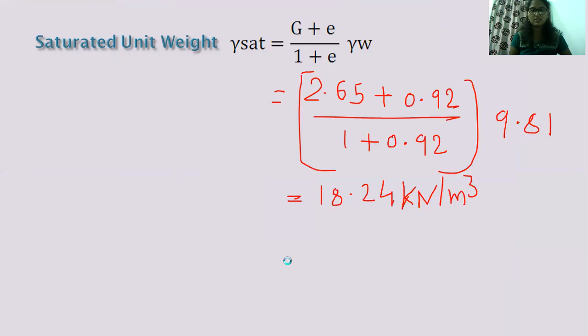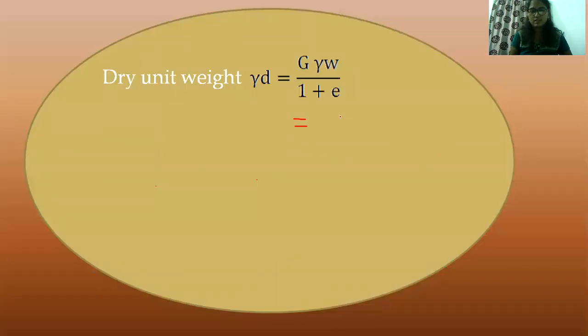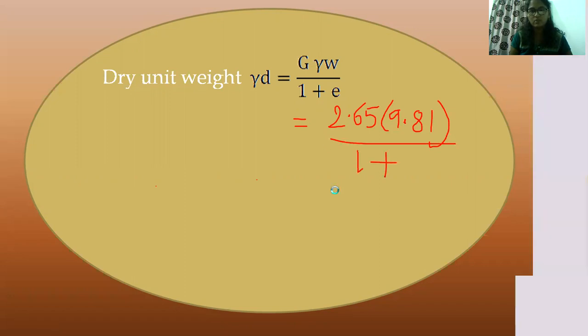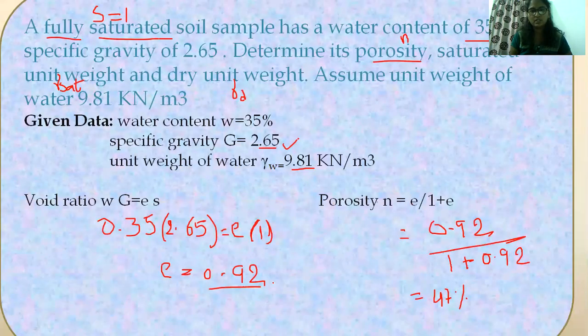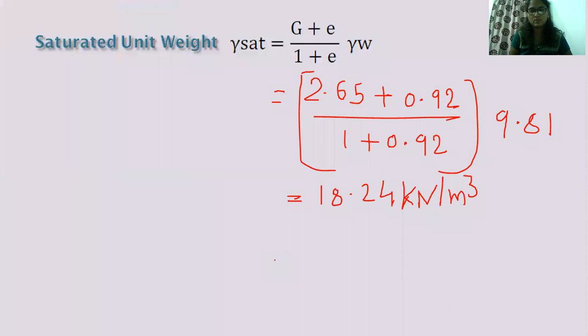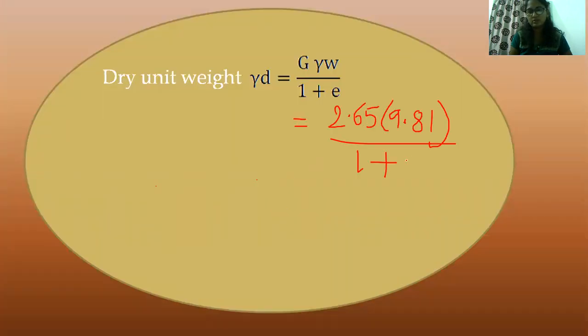So 2.65 into unit weight of water 9.81, divided by 1 plus void ratio 0.92.